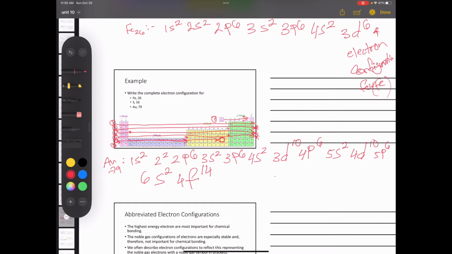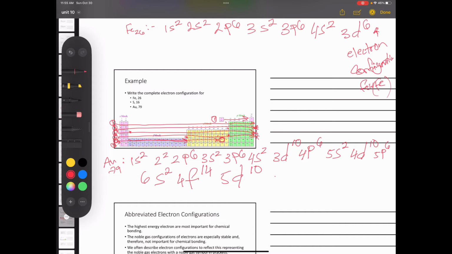Now the next one I have is the 5d. And with this one I have 1, 2, 3, 4, 5, 6, 7, 8, 9, 10. So this is the electron configuration for gold, applying all the rules that we just looked at.